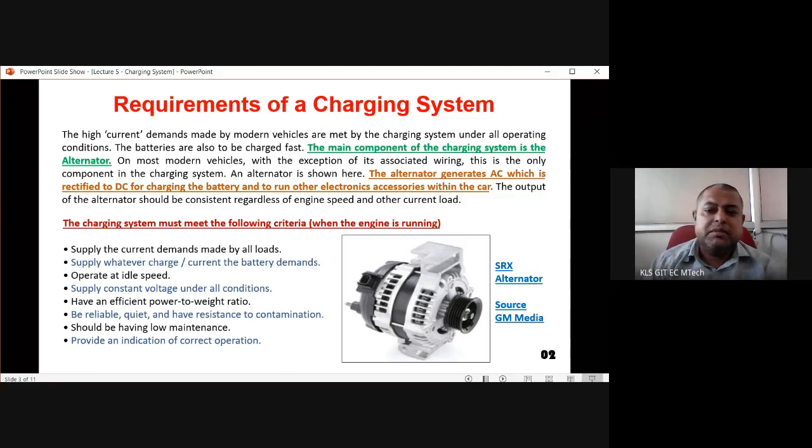It should generate power consistently, and it should not get contaminated by environmental contaminants. So it should be corrosion resistant and all those things. The alternator components should be placed quite wisely inside the car, so that contaminants do not affect its body parts much. That also we have to see.